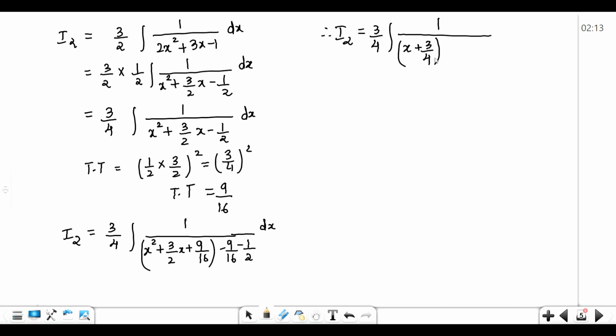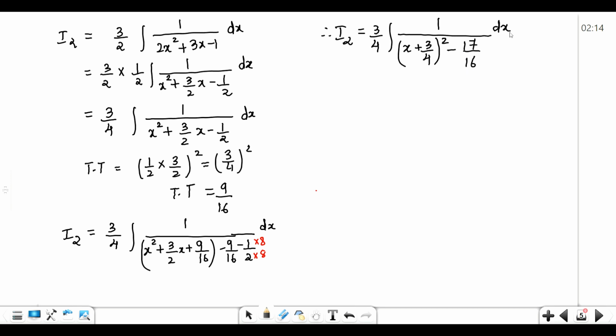Now in order to evaluate this term, we'll do the LCM. We'll multiply this by 8, we'll multiply this by 8. So what we'll get here, minus 9 minus 8 which is minus 17 upon 16 dx.